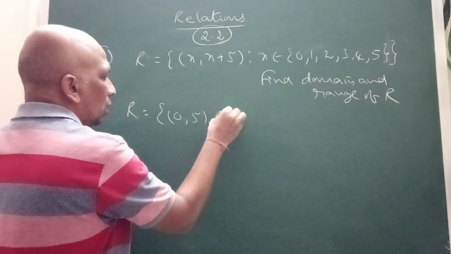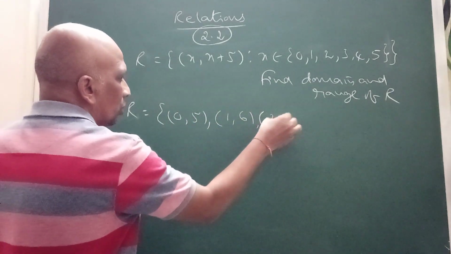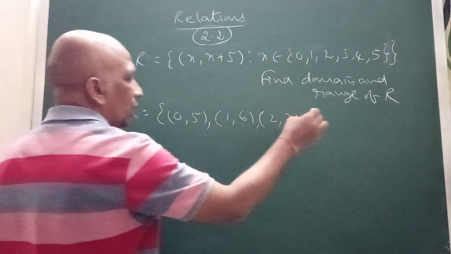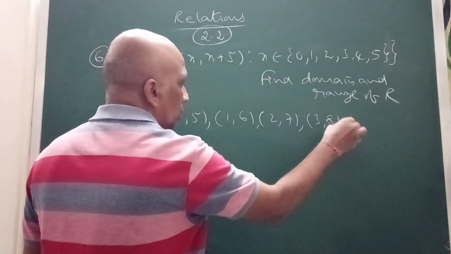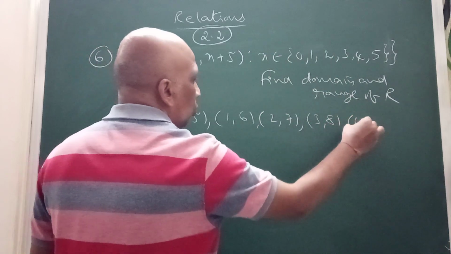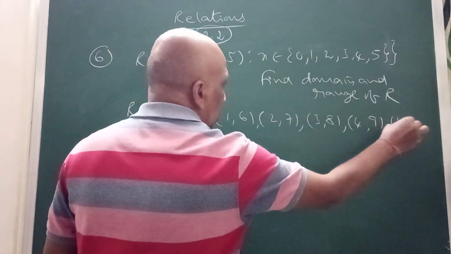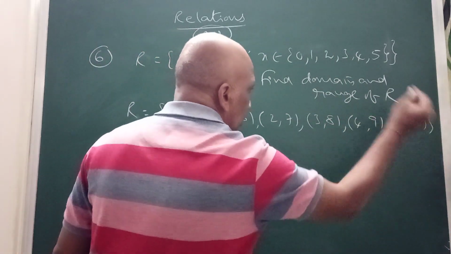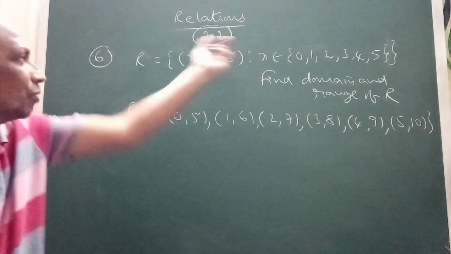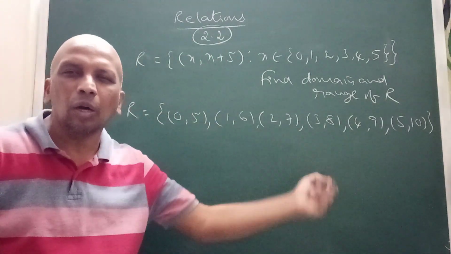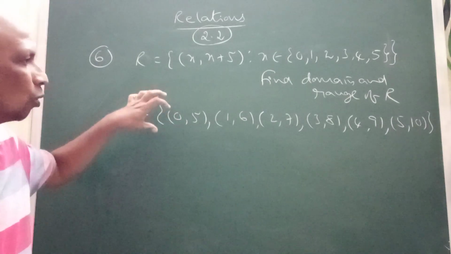I can consider (1, 6), (2, 7), (3, 8), (4, 9) and (5, 10), right? Just substitute the values of x here and you will get all the ordered pairs. Now this is roster form.